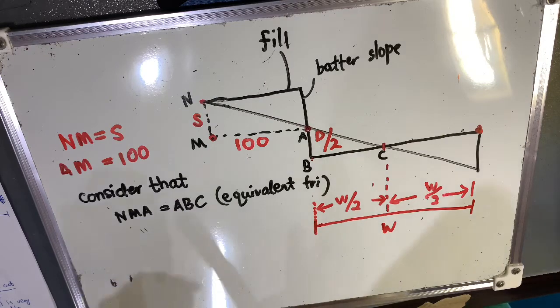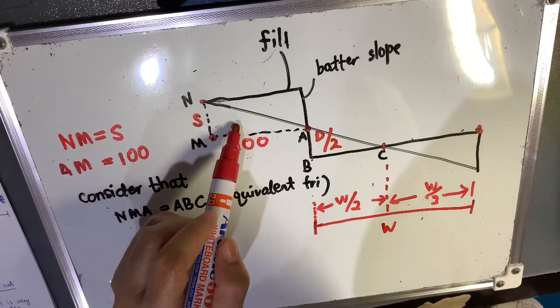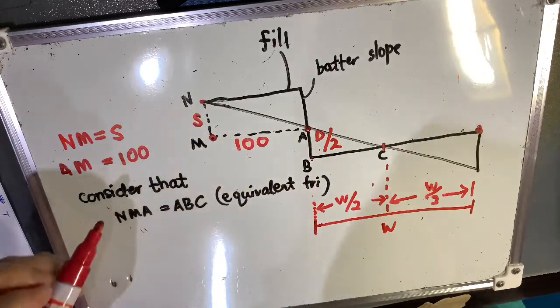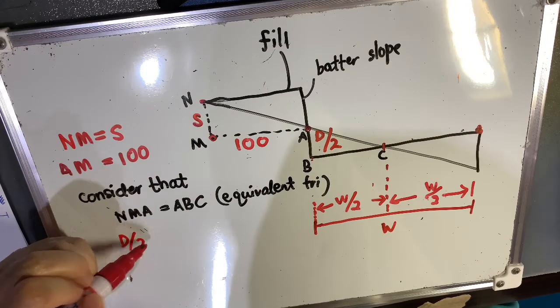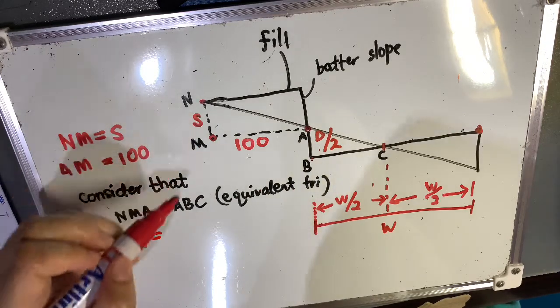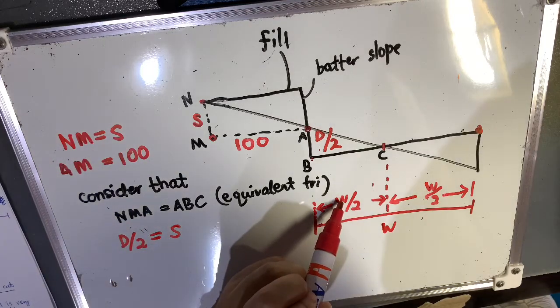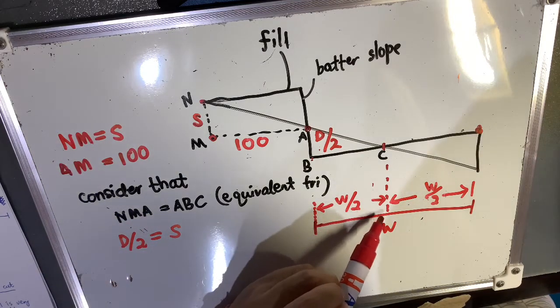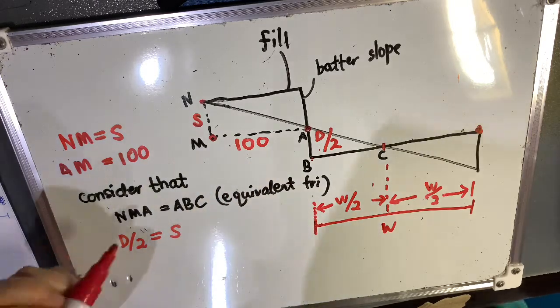After considering that they are both similar, what will you have? You will have D over 2 equals S, right? And we have W over 2 equals 100. Got it?